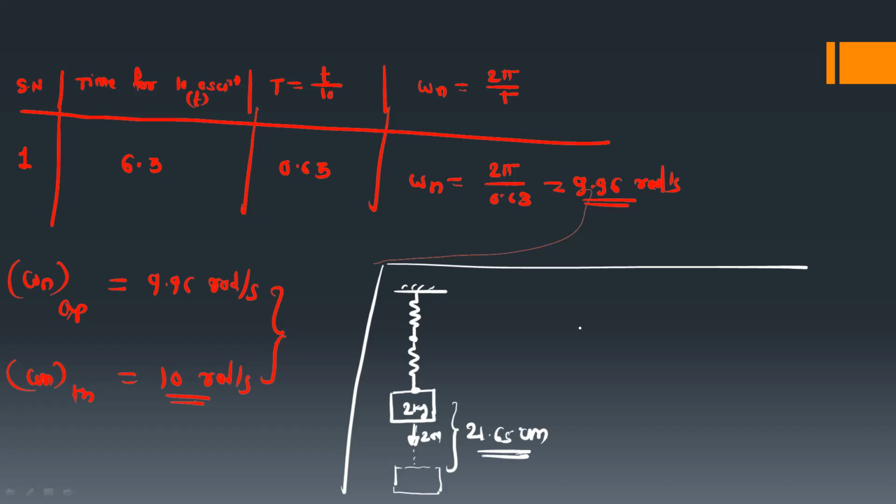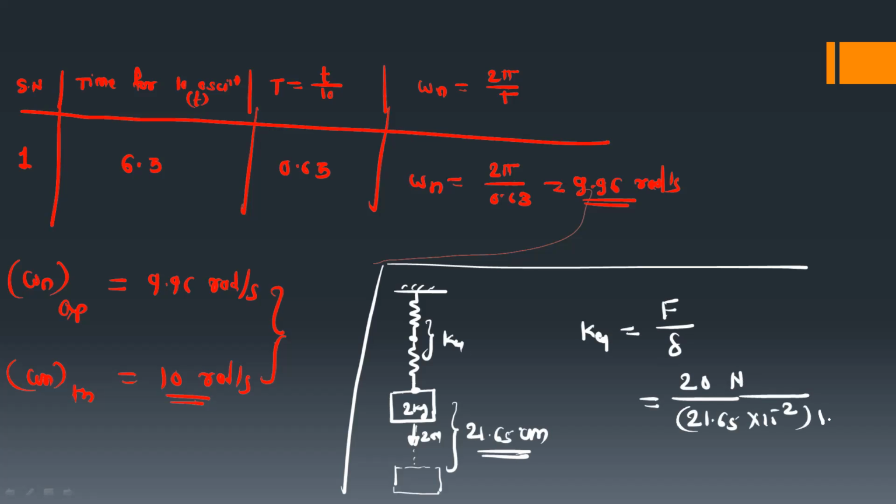Okay. So K is equal to, that is K equivalent for both the springs, force upon static deformation. So force is 20 Newton and the static deformation is 21.65 into 10 raised to minus 2. So this is in Newton and this is meter. Okay, so check this value.